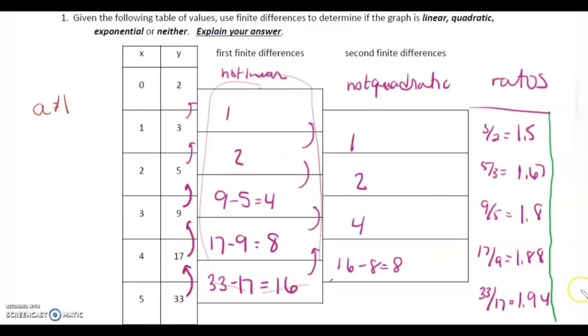Going up the first differences column, 16 over 8 gives 2, 8 over 4 gives 2, 4 over 2 gives 2, and 2 over 1 gives 2. So based on the ratios of the y column, we wouldn't be able to determine if it's exponential, and we would have said neither, but because the ratios of the first differences are equal, this is exponential.